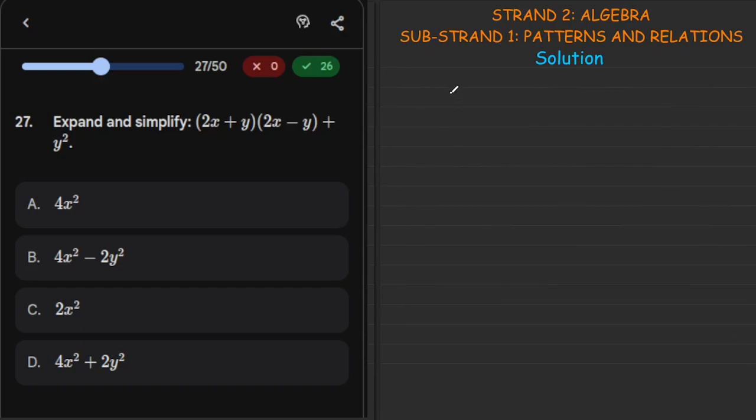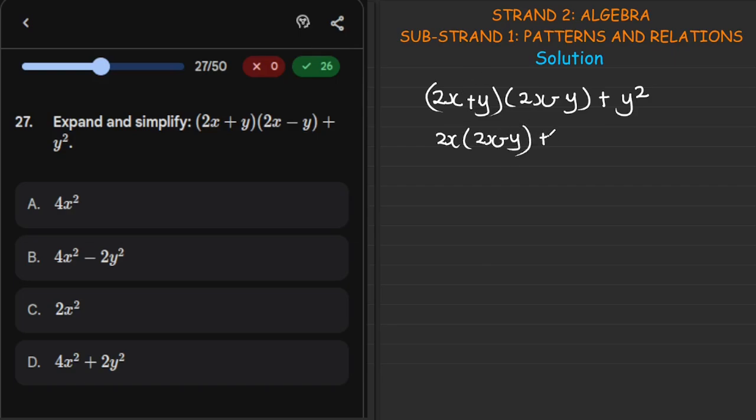27 says 2x plus y. Then we have 2x minus y, then plus y squared. So we'll first have to open our bracket we have here. So that we have 2x, opening the bracket of 2x minus y.